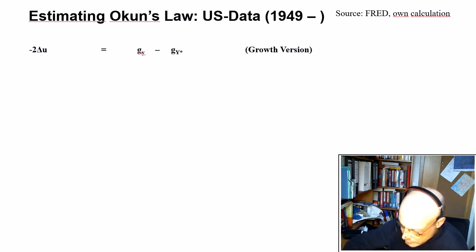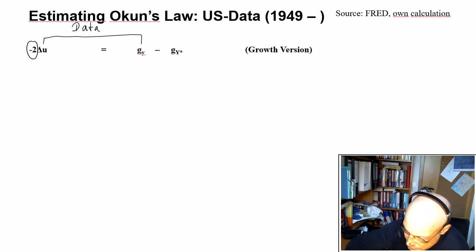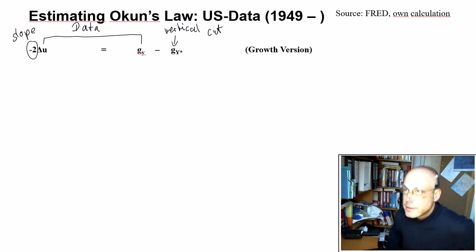So this is our data, and this would be then our slope, and this is the vertical cut.